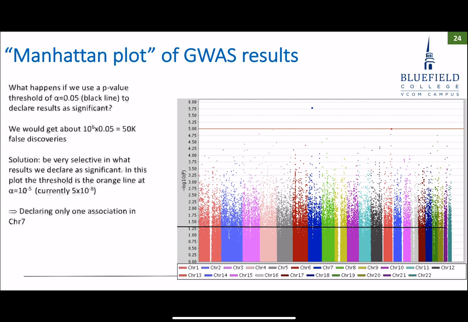We can make it 10 to the negative 5, which is the red line, and then we're looking at points that are located above the red line, and we find only one of them.